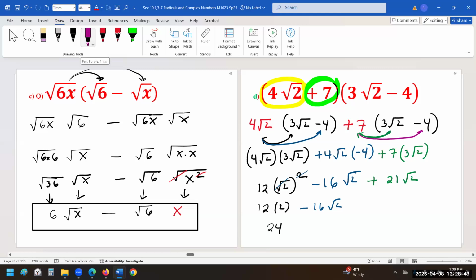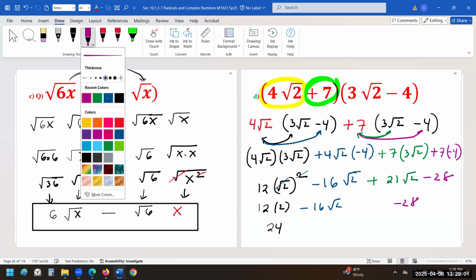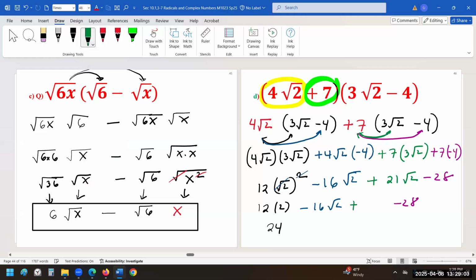The last one. Plus 7 times minus 4. Negative 28. So negative 28. And we have plus 21 radical 2. Do you see any like terms?